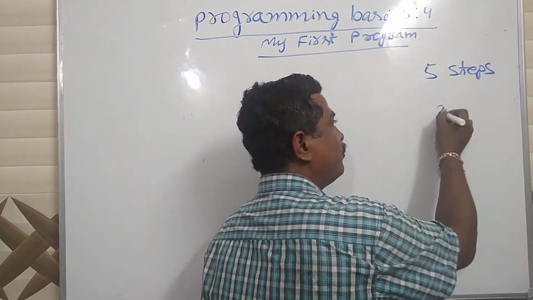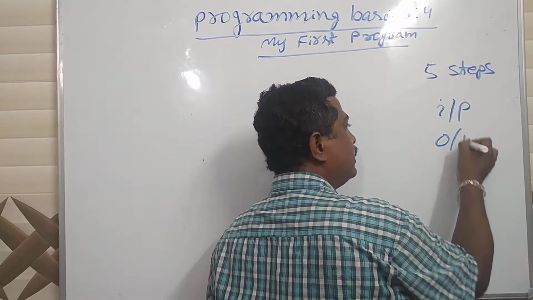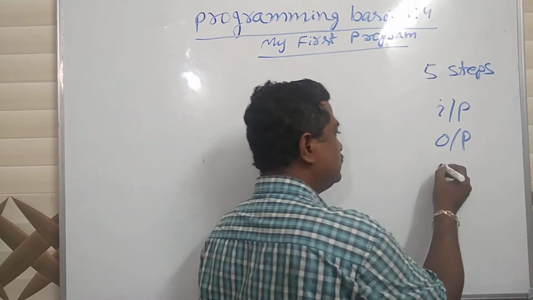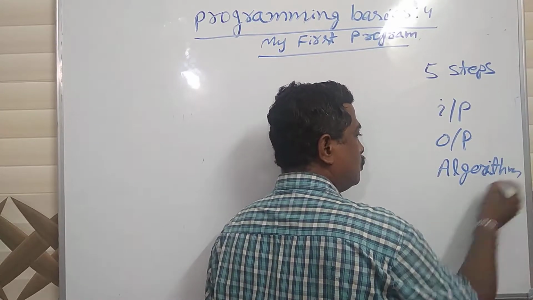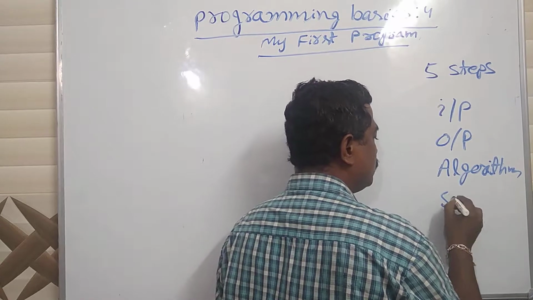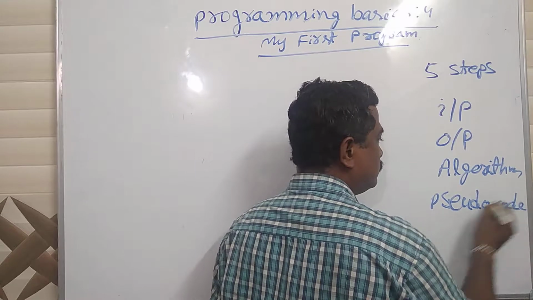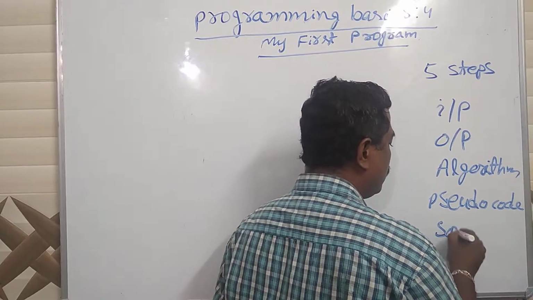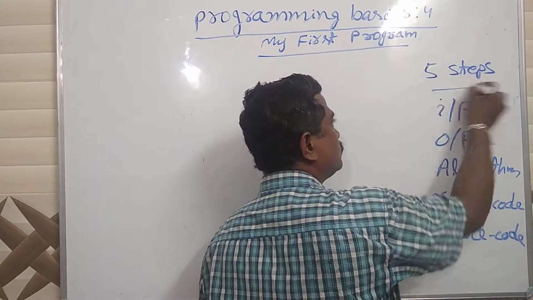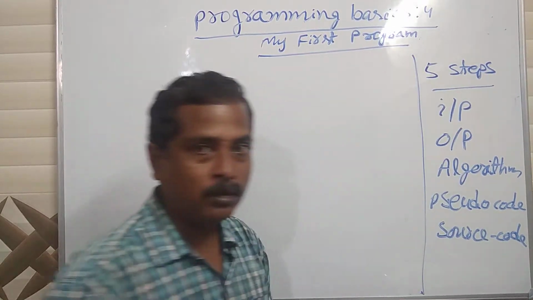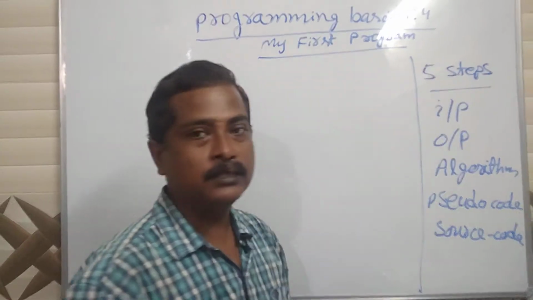Find the input, find the output, write the algorithm, go for pseudocode, then write the program or source code. These 5 steps are common for all languages, for all programmers. There is no change in it.